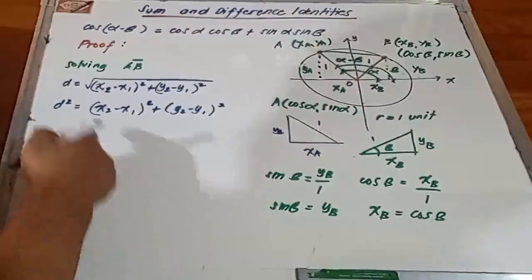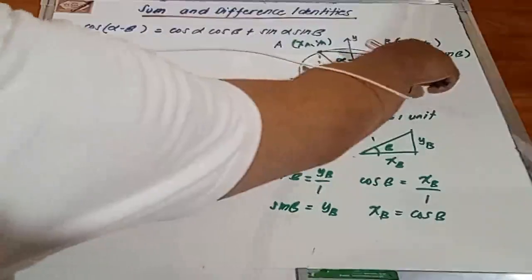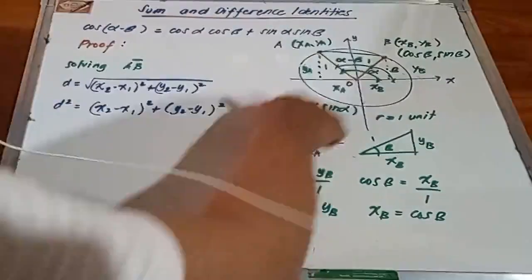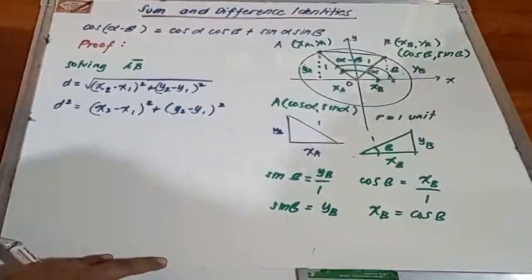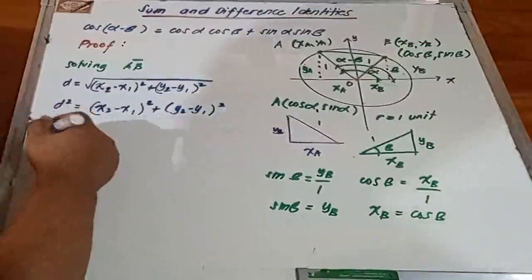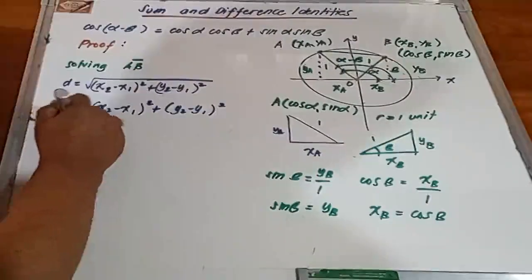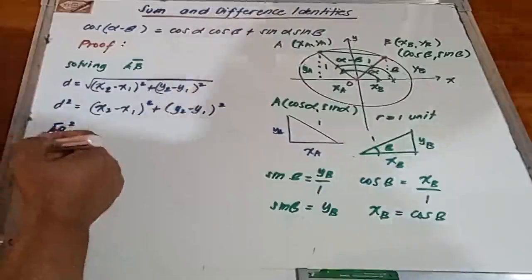Okay. So, ang x sub 2 natin, gamitin natin yung cosine alpha na unahin natin. Cosine alpha minus cosine beta. Okay, para katulad ng difference natin, alpha minus beta. Okay. So, we have d squared, yung AB yun. So, AB squared. X sub 2 is cosine alpha.